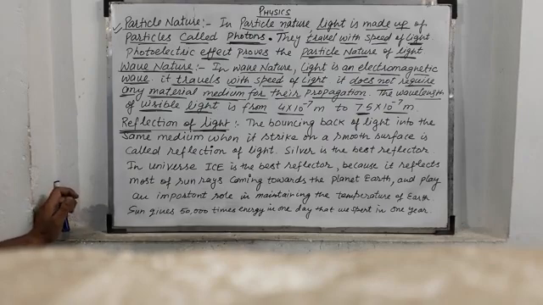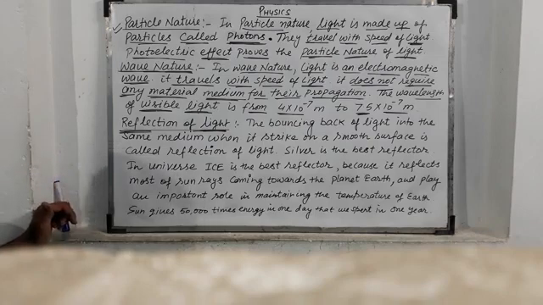We can see an object when the light coming from the object enters our eyes. In case of luminous objects, the light of their own comes towards us and we can see them.